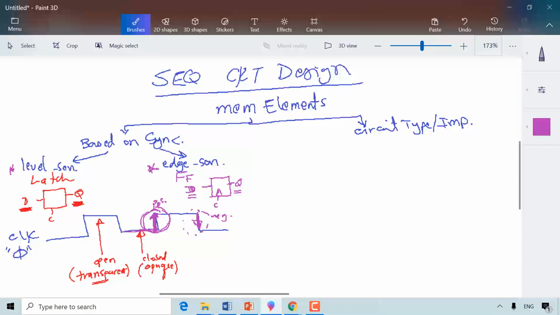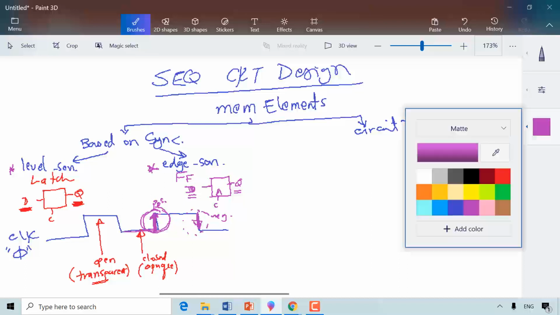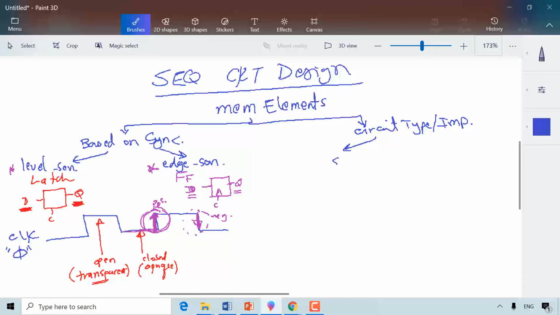Now, in terms of implementation, the sequential element can be implemented as static implementation or dynamic implementation. So we have static circuit types and dynamic circuit types.